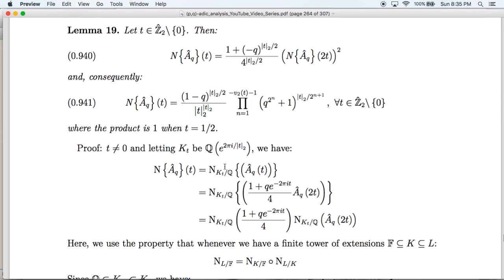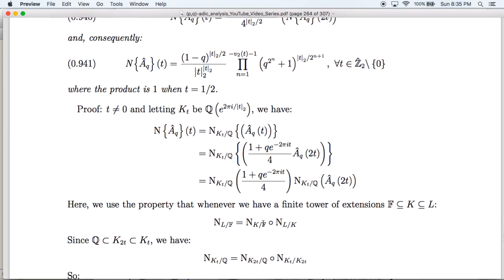So letting t be non-zero, here we're going to use the properties of field norms. By definition, letting K_t again denote the cyclotomic field, this is the smallest number field containing a_q hat of t. So by definition, this thing is the norm of K_t over Q of this number. We then use our functional equation, and then the multiplicativity of the norm.